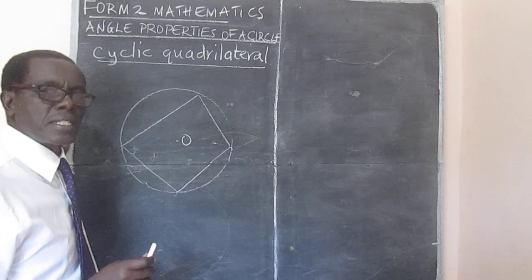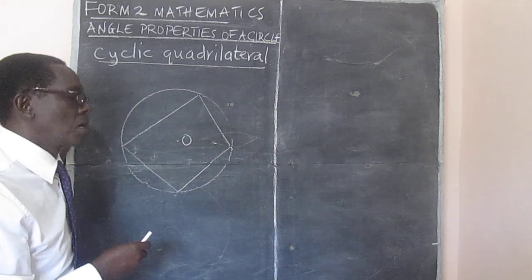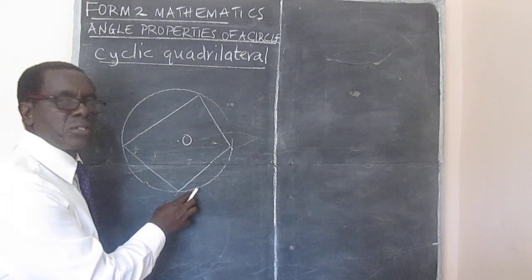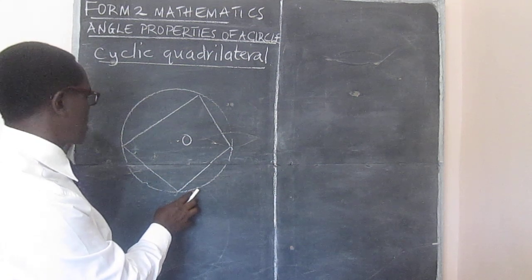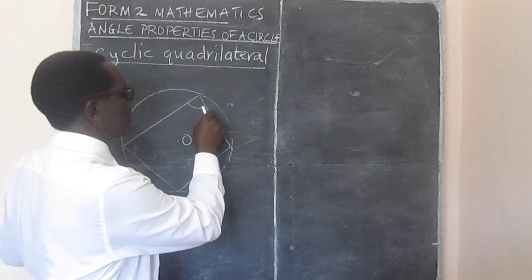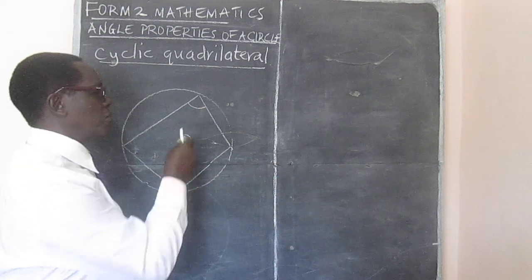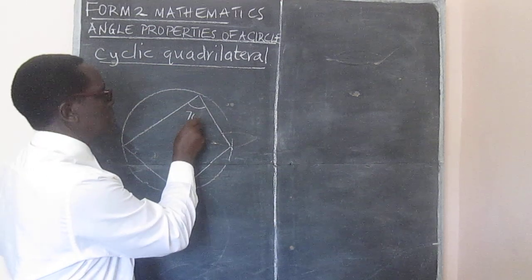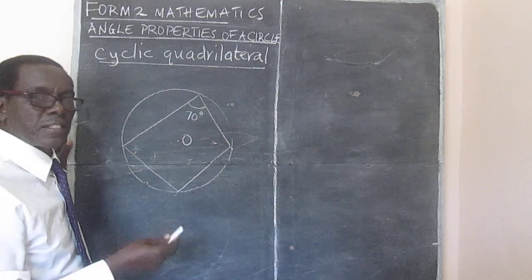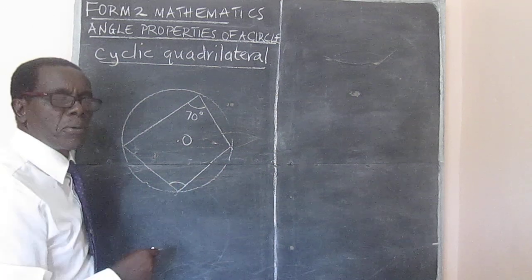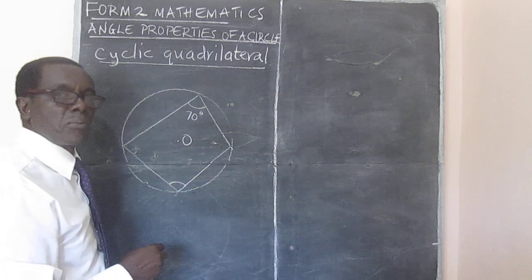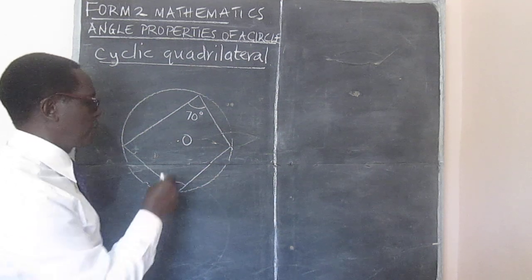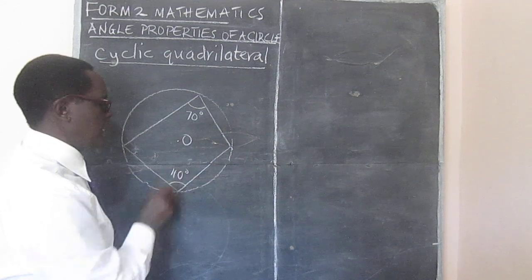The theorem says that the opposite angles of a cyclic quadrilateral will add up to 180, which means therefore that if we know the size of this angle here, let's take a value like 70 degrees, we expect the opposite angle to be the difference between 180 and 70. And therefore it's going to be 110 degrees.